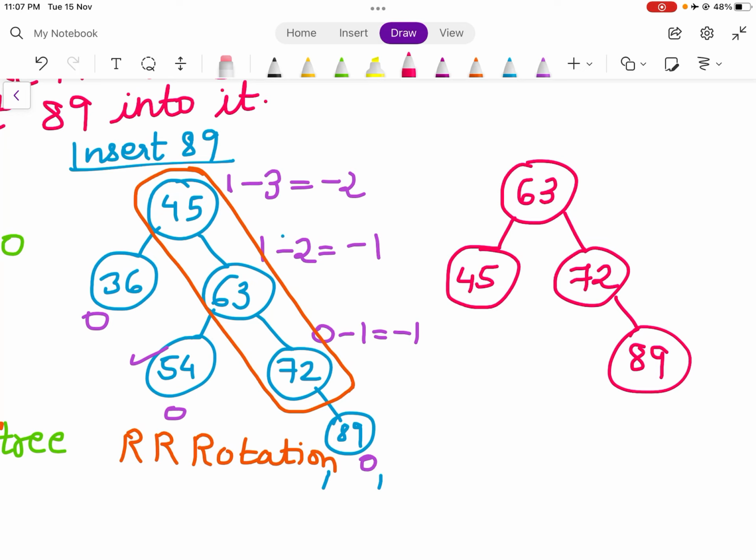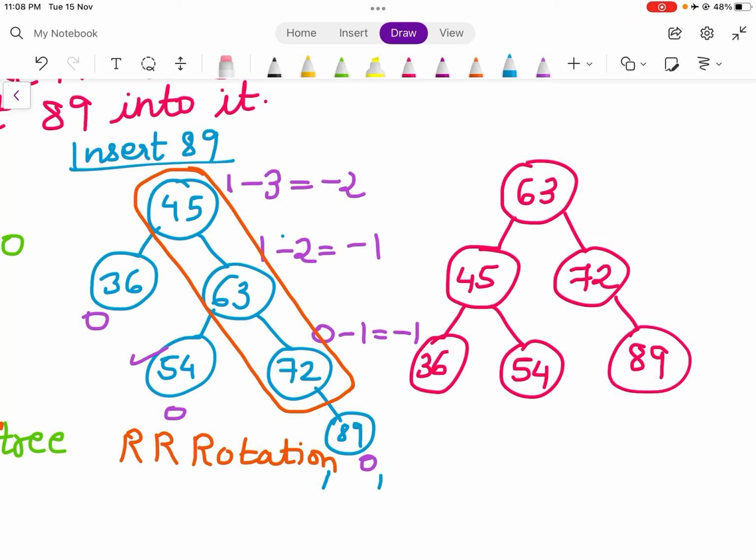Then 36. 36 is less than 63 and less than 45, so 36 will be left of 45. And 54. 54 is lesser than 63 and greater than 45, so it will be to the right of 45.